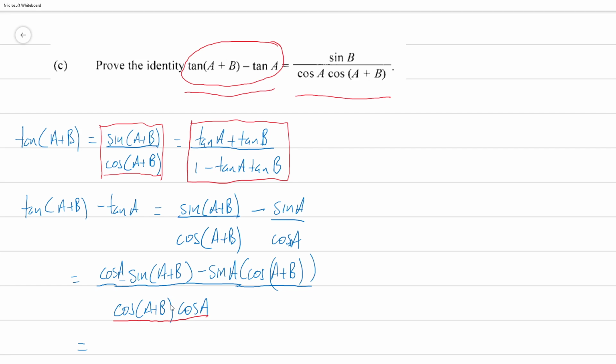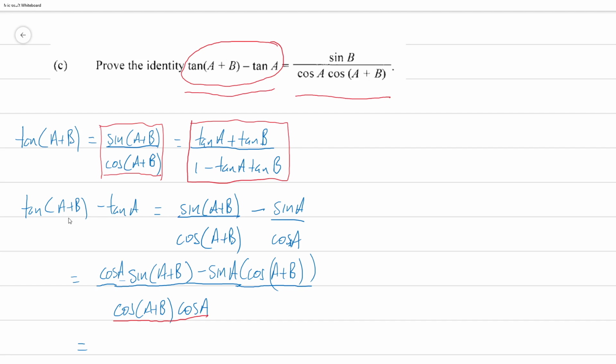You may be tempted to expand sine(a+b), and then you expand cos(a+b), and then you simplify the numerator and you'll get your answer. Yes, that will work. It's a lot more work, but yes, it will work. But I want you to spot that cos a sine(a+b) minus sine a cos(a+b) is of this form.